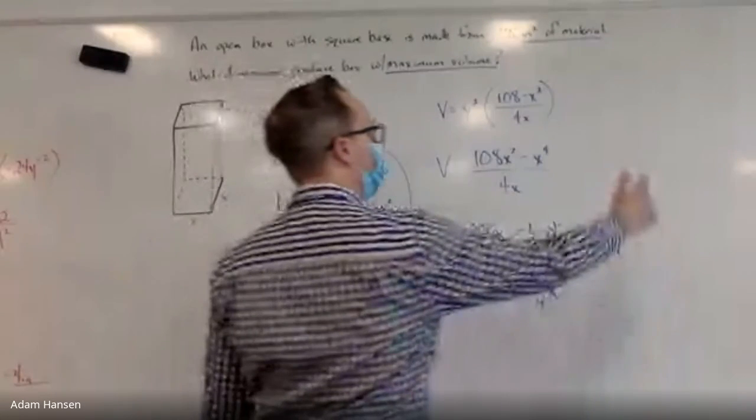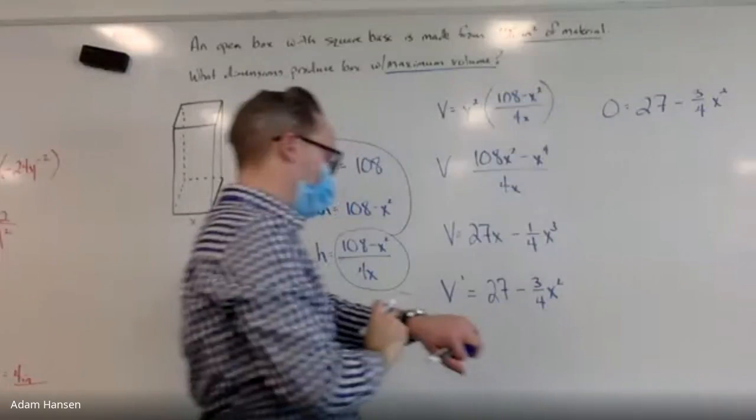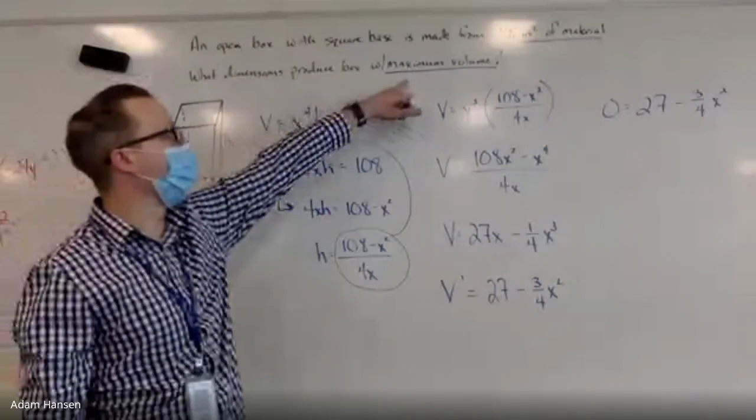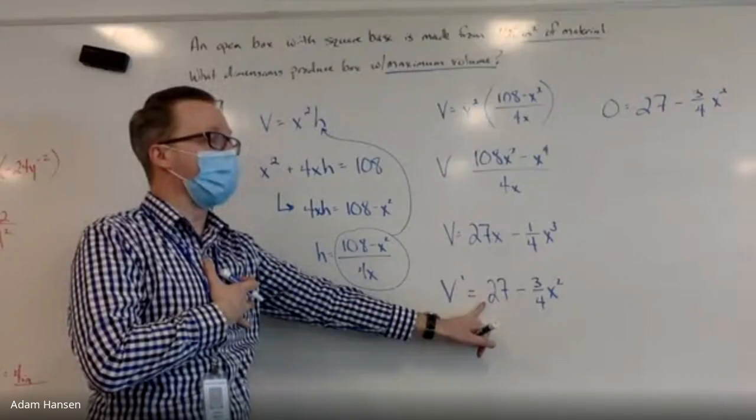Set this equal to 0. Trying to find the box with maximum volume, so I want to figure out when the derivative equals 0. At the maximum or minimum point, the derivative has to be 0.